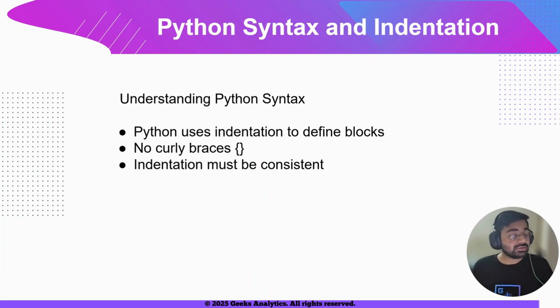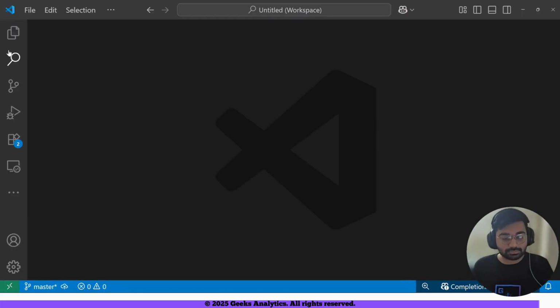We will now go and see this basic Python command, that is the print statement, and how to understand this indentation part. First of all, let's have a look at what it looks like when we install Visual Studio Code and open it. This is how it will look.